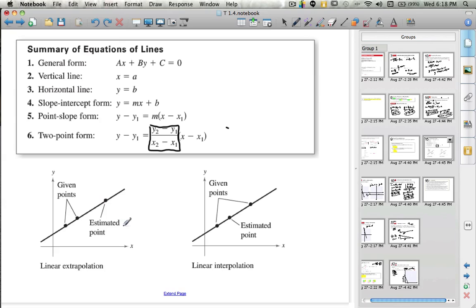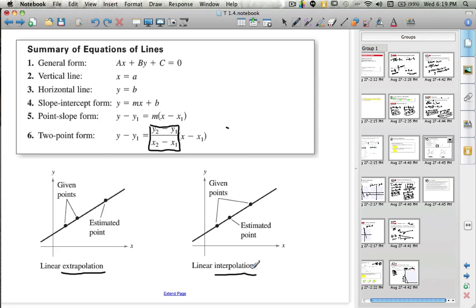That's called extrapolation. I'm going outside my points. On the other hand, we did some problems with midpoint in the previous section where they gave me 2 values and I wanted to estimate a value in between. When it's between my points, it's called interpolation.